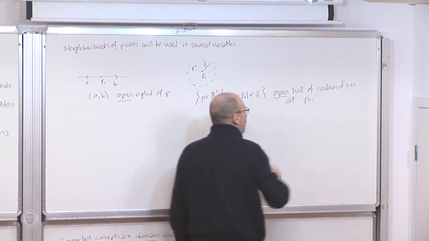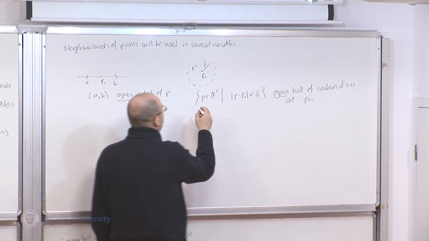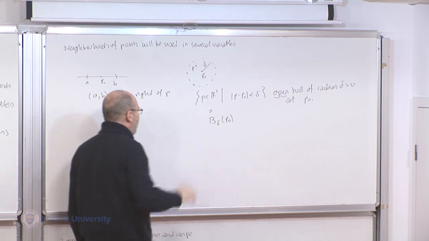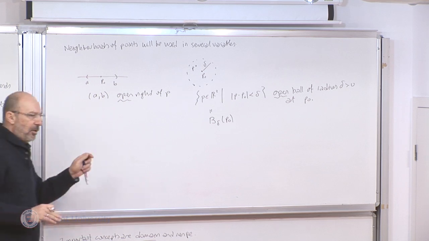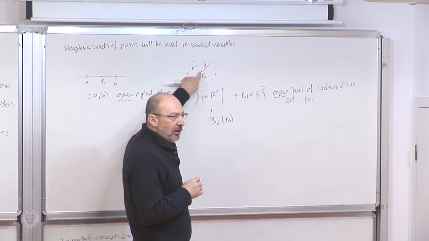So again, we have the word open. Okay, but this thing is denoted, well, in different books it is denoted in a different way. Let's today denote it like this. There's no standard notation for this. Everybody, you tell that this notation is referring to a certain thing and you use this. The main idea here is that I'm going to take limits around this point.